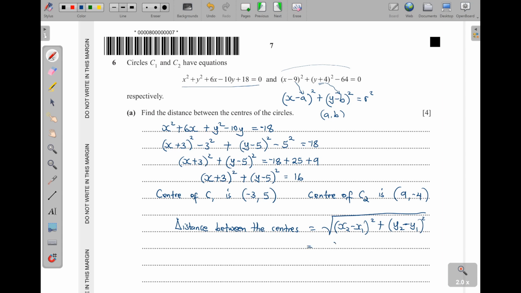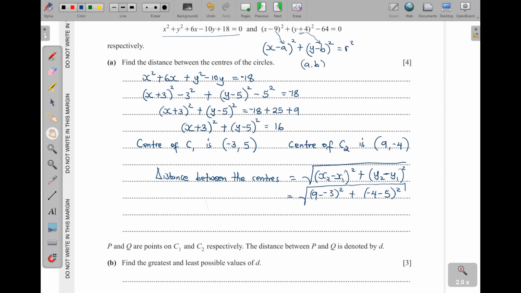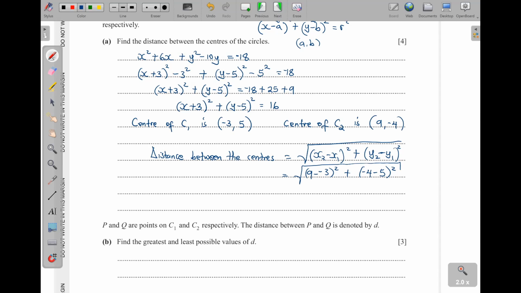So we shall have 9, then minus 3 squared, then plus minus 4, also minus 5 squared under the square root. Then after that, we can simplify it.